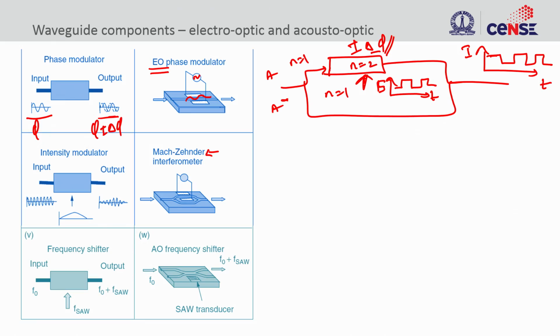And finally, you can also use acousto-optic interaction, which is used to create frequency shifts. You can take a certain frequency coming from an acoustic transducer, some piezoelectric material, let us say, and you create this field, and this field is going to interact with an incoming frequency.